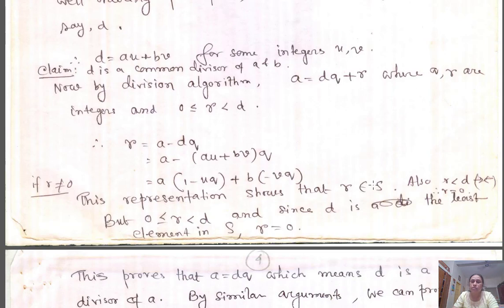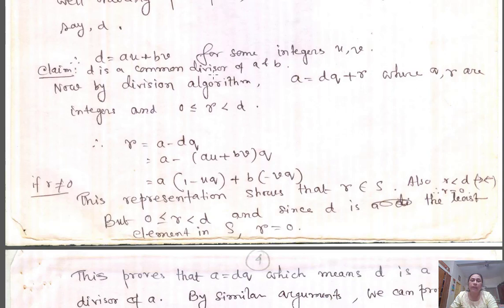If R belongs to S, from here I can write R in this way. But D was the smallest element of the set S, and here I can get another element R which is smaller than D, the smallest element of S. This is a contradiction. So R must be 0.